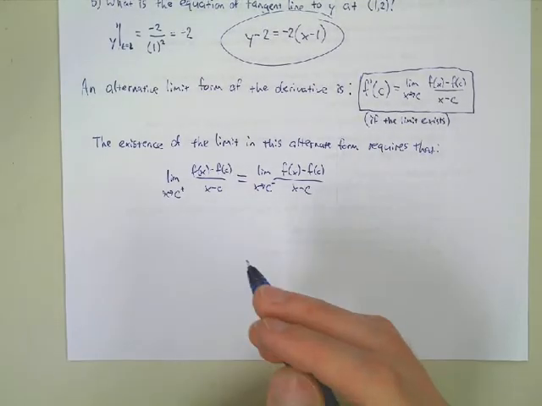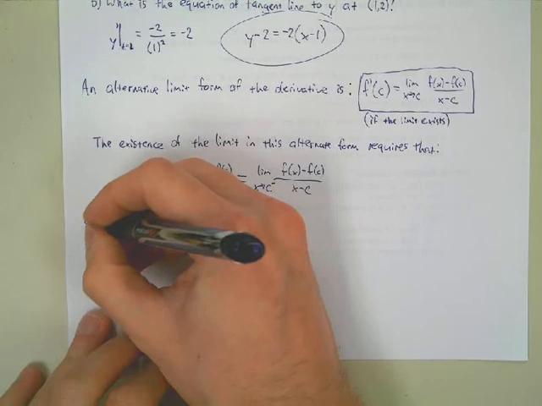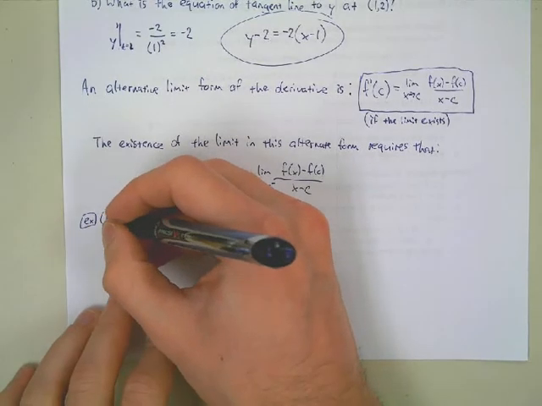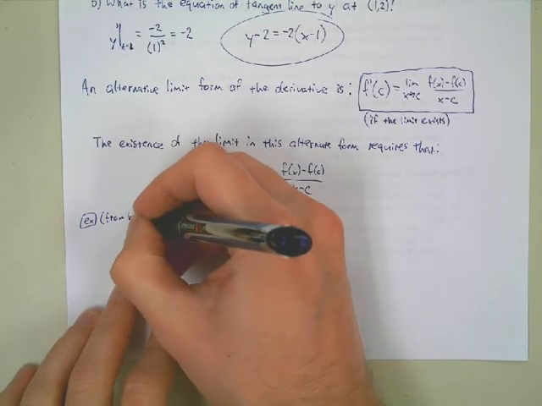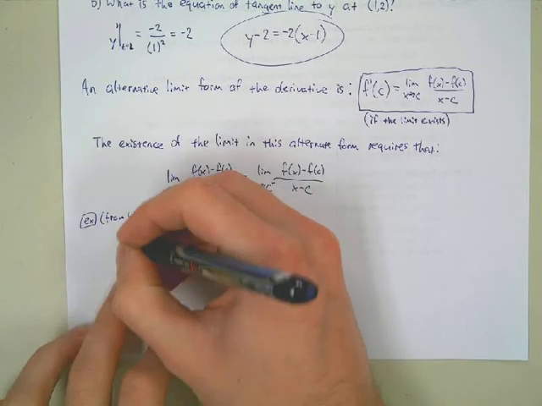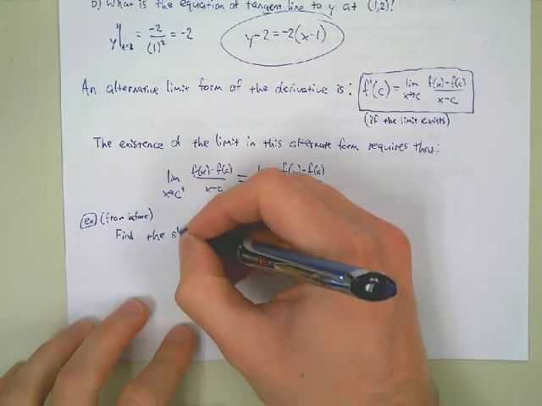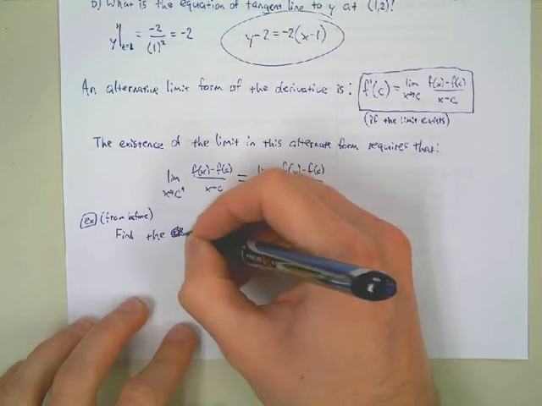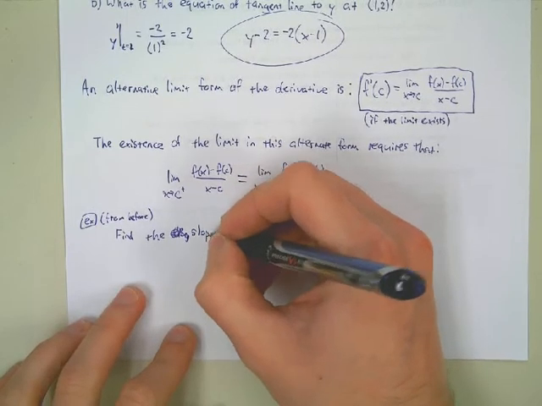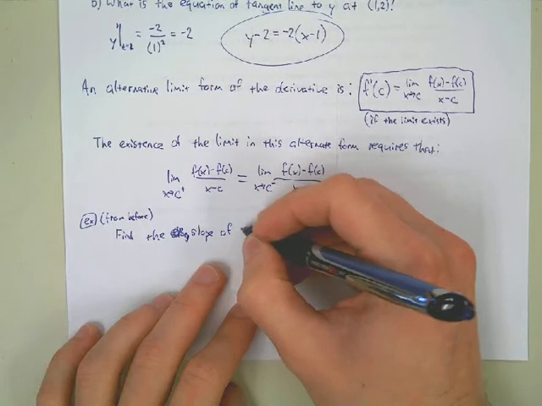So this is from before. Okay, we're going to find the slope of the tangent line, which you know is synonymous with finding the value of the derivative of f, right?